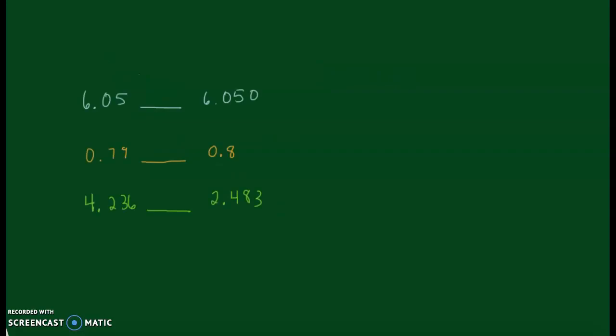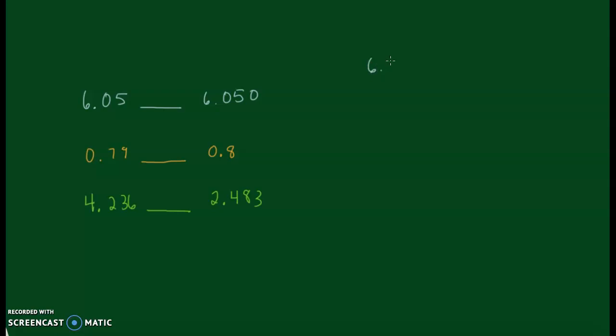For the practice problems, they're asking you to compare decimals by showing whether they're less than, greater than, or equal to. On the home link, they're listed across from each other, which is typically how you will see it. But when I'm giving examples, I like to write them vertically.